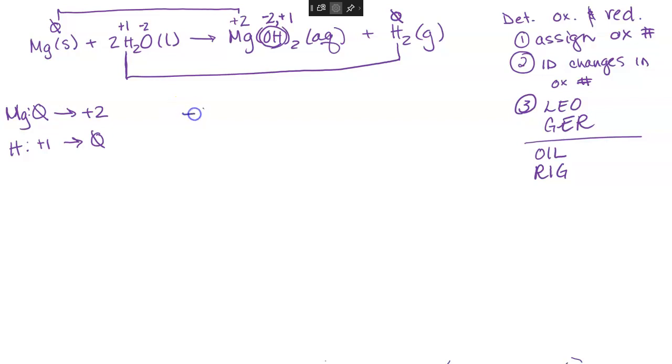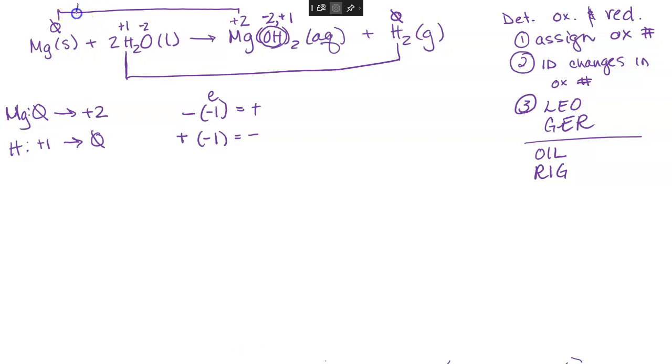Yeah, so remember, losing an electron, right, is positive. Gaining an electron is negative. So when we say a loss, we're actually saying it becomes more positive, right? Because you're losing negative.